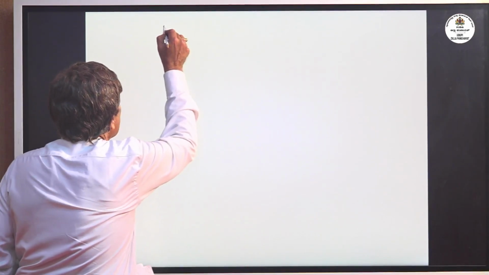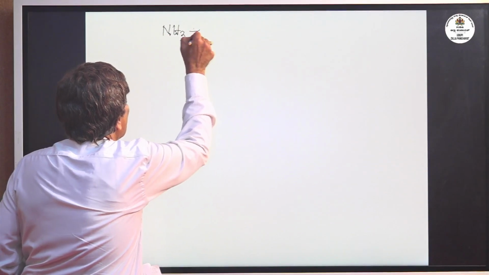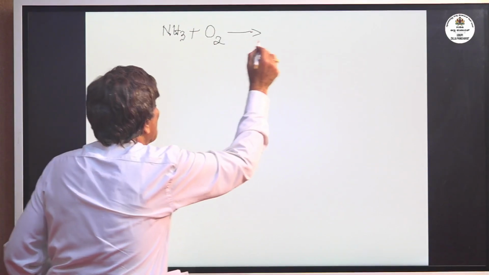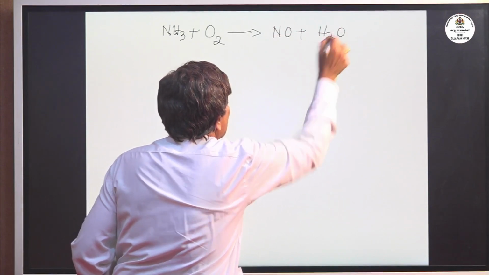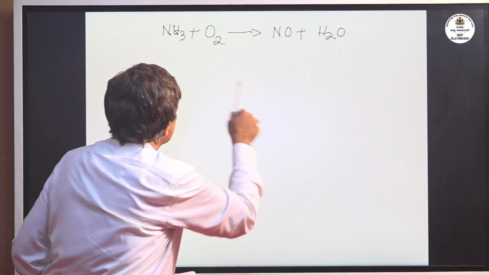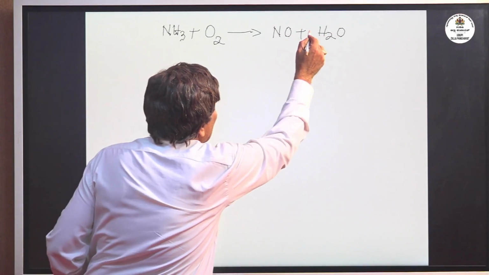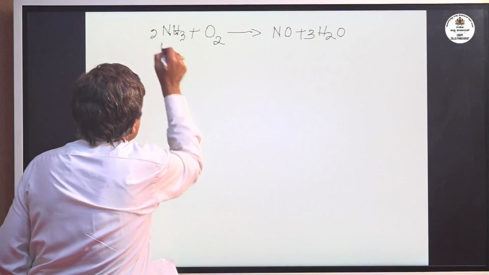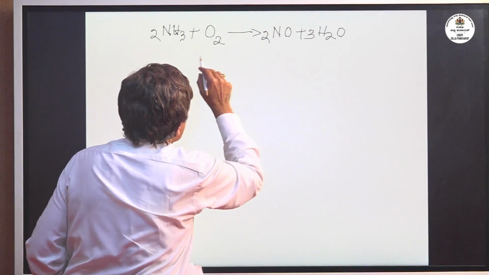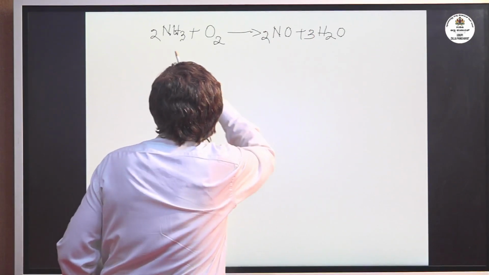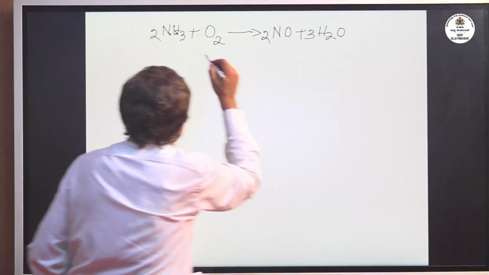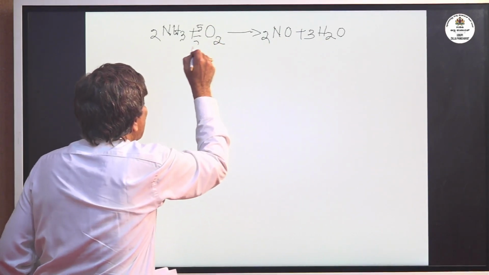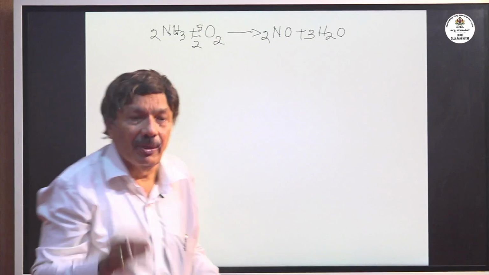Oxidation of ammonia to NO plus water. To balance this, NH3 is 2, 2NO, then O2, how much? Here it is 5 by 2. So let me write it like this, 5 by 2. Of this we want the equilibrium constant.